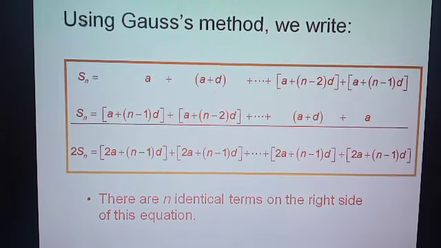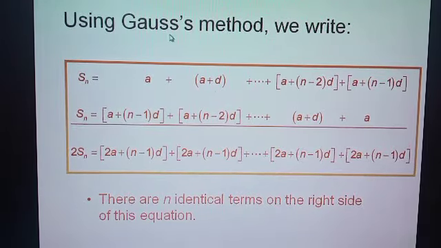Same method used by Gauss, so we call this the Gauss method of finding the sum of n terms of the AP. So Sn is equal to a, plus the second term a plus d, and so on, till the last nth term a plus n minus 1 into d. And the same terms you write in the reverse order and add.